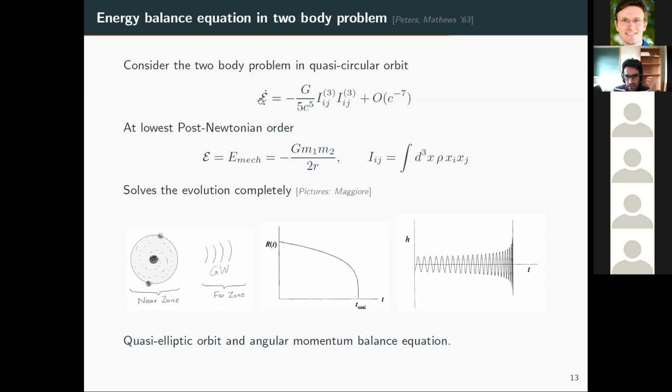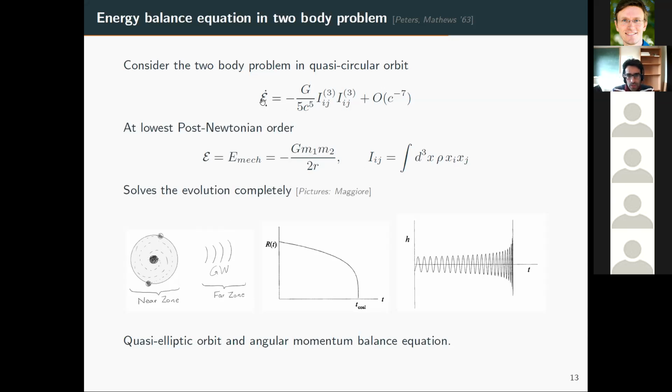So this is the left-hand side. And the right-hand side, the mass quadrupole moments are also known in terms of the source. So you can also write the right-hand side in terms of the parameters of the source, namely the radius of the object and the angles and so on.